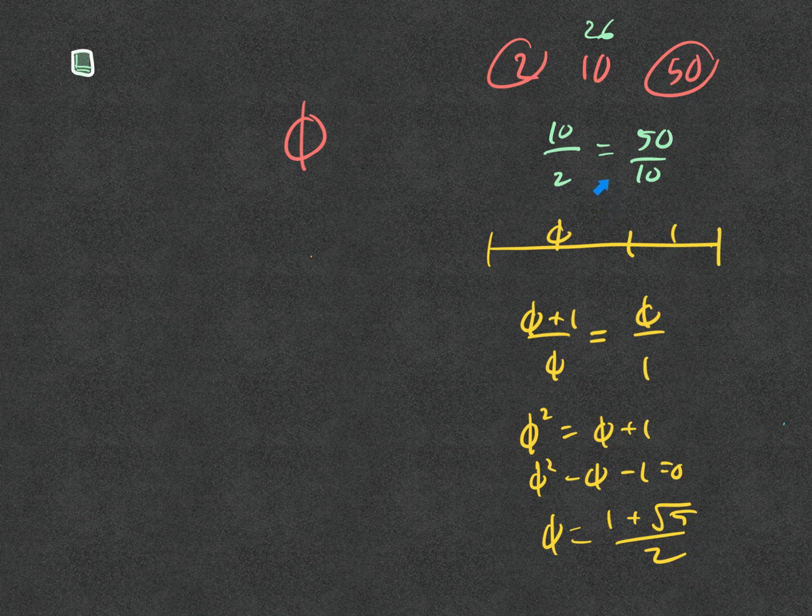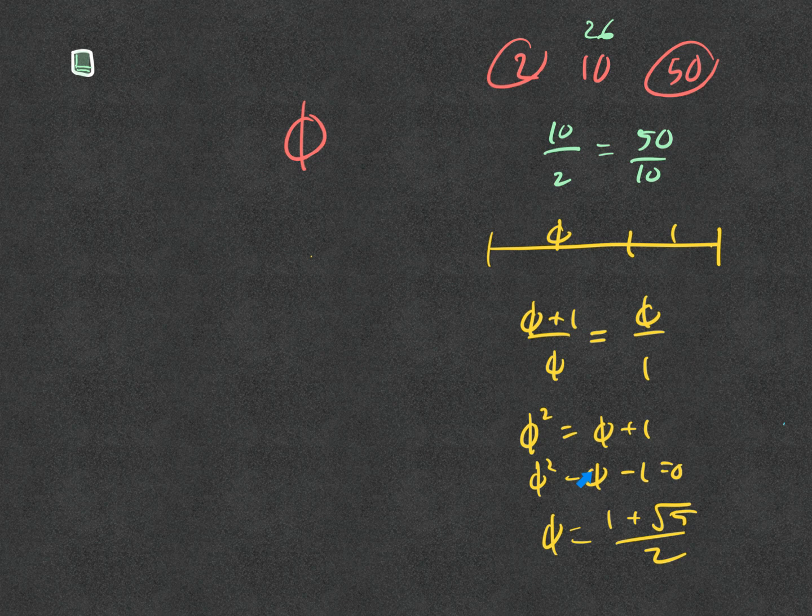So if you want to find the value of the golden ratio, it happens to be not the mean of 2 and 50, but the mean between 1 and 1 bigger than itself. So if phi is the golden ratio, and it's exactly in the middle of 1 and 1 bigger than itself, then it's going to have that perfect proportion where the entire segment divided by the big part is equal to the big part divided by the small part.